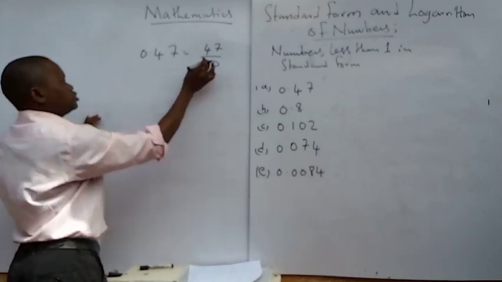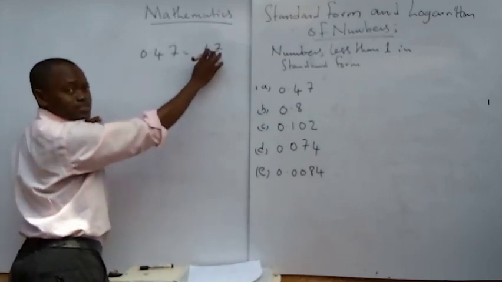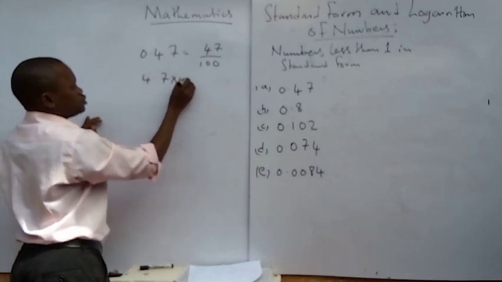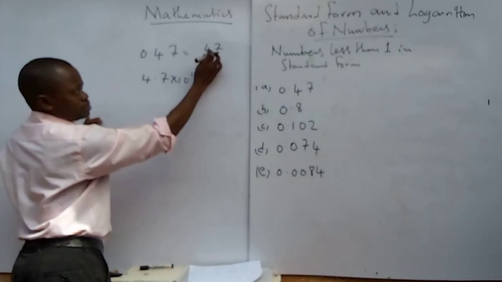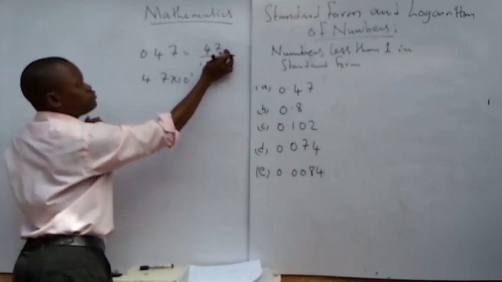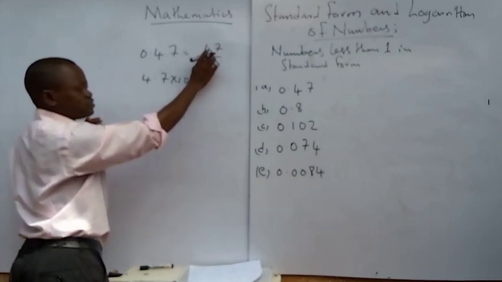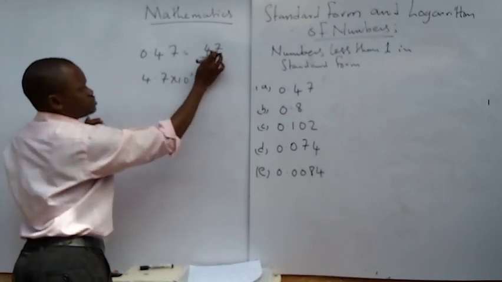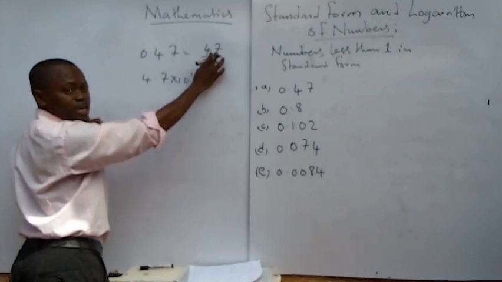Okay, so it is easy to write this in standard form as 4.7 times 10 raised to power 1. I've explained that you move the decimal point to the first digit, so it's only once it's going to be moved here.